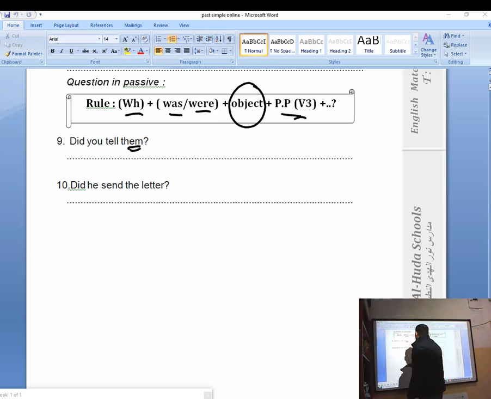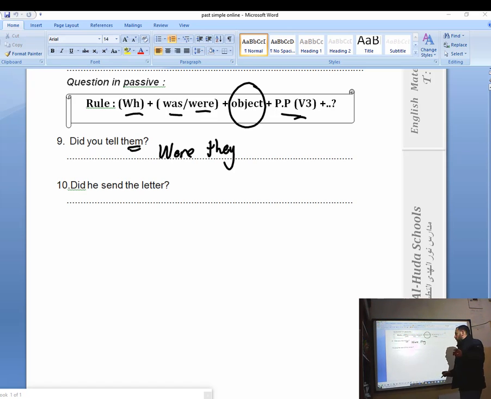We start with was or were. We use were for them because they are plural. As I told you, we change them from object pronoun to subject pronoun, they. Were they told by you? Or I can say, were they told by you?